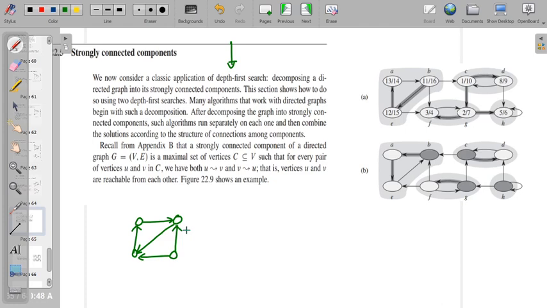So you see, here every pair of vertices u and v, which are in C, which is a subset of this V, we have both a u to v connection and a v to u connection.